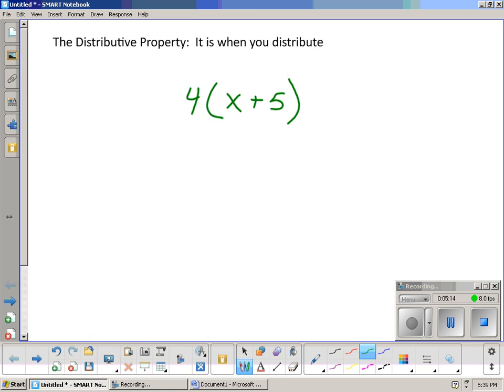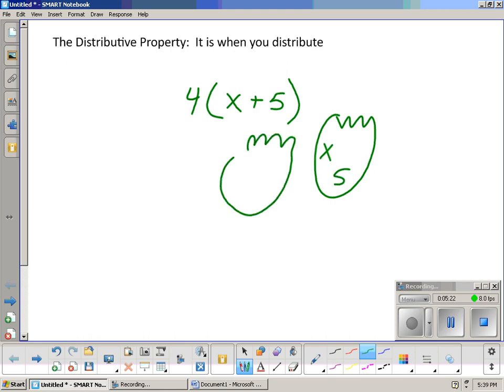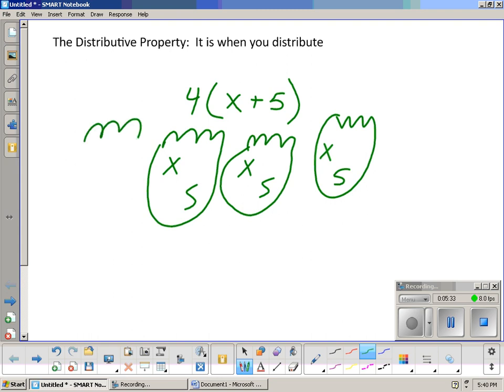So I've got a bag here that's got an x and a 5 in it. I've got a bag here. These are horrible bags. But x and 5. I got a bag here that has an x and a 5 in it. And I have a bag here that has an x and a 5 in it.